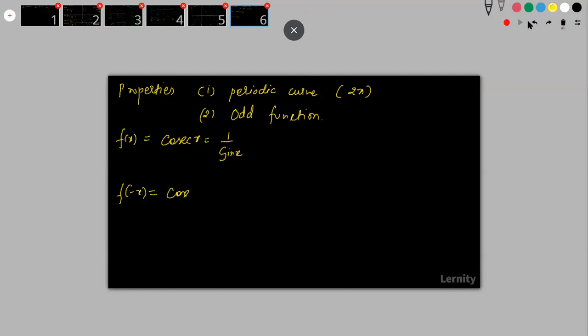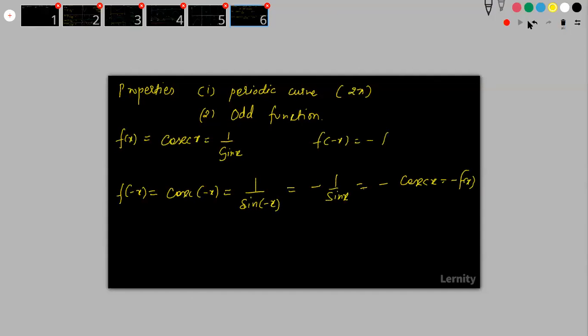Cosecant of minus x is equals to 1 by sine of minus x. So this will become minus of 1 by sine x, which is nothing but minus of cosecant x, which is nothing but minus of f of x. So hence it is satisfying the property of f of minus x is equals to minus of f of x.